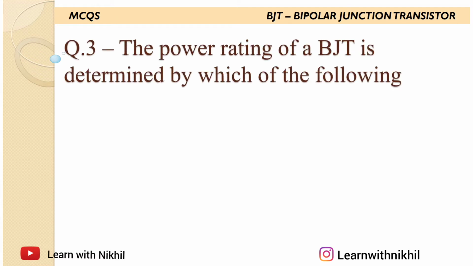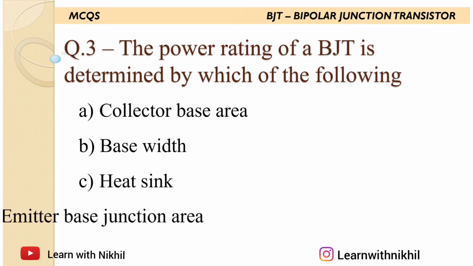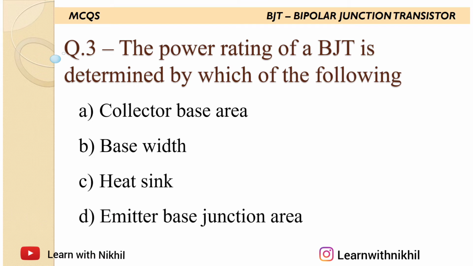Next question. The power rating of a BJT is determined by which of the following? A, collector base area; B, base width; C, heat sink; or D, emitter base junction area. And the answer is collector base area.